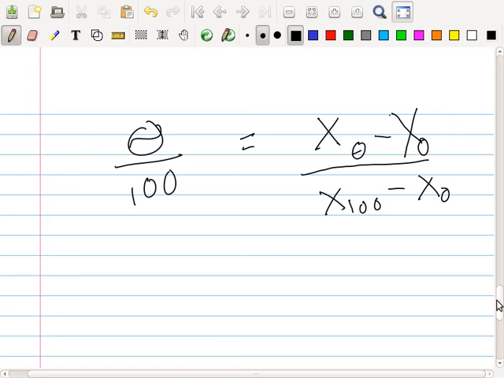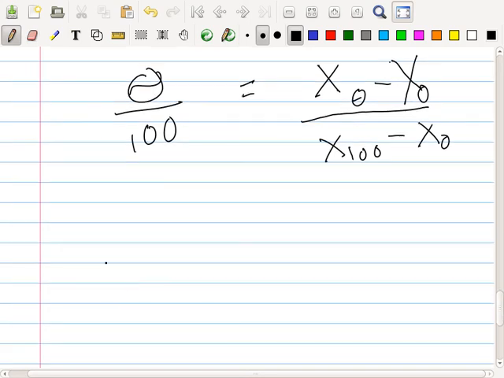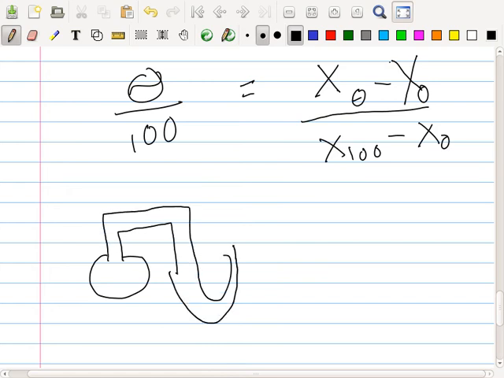Do you remember the example I did? Let's take the gas one again, and then you have the mercury like this. What you do first is x0 is when you put ice here.